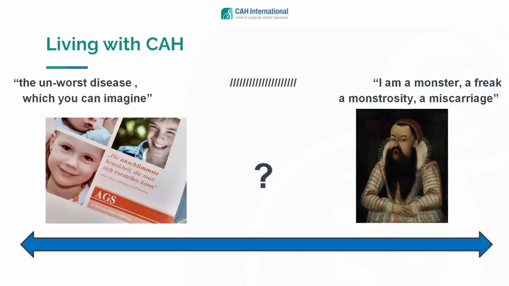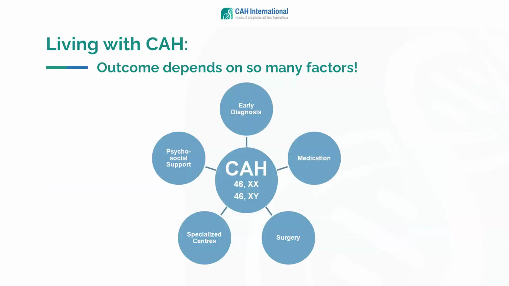And over the years, in working with and getting to know lots of families with CIH, women with CIH, I found out all the factors that determine the outcome, the quality of life, how you can live with CIH. It depends on so many factors.